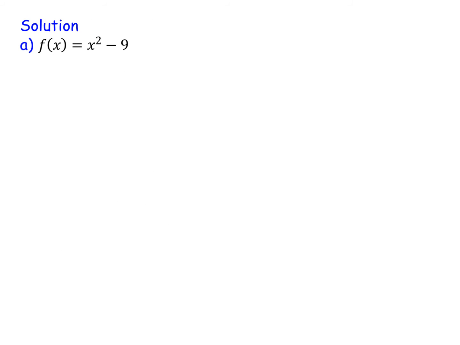Now let's look at the solution. Question A, f(x) equals x squared minus 9. This is a quadratic function with a more than 0, which opens up, the familiar smiley graph.